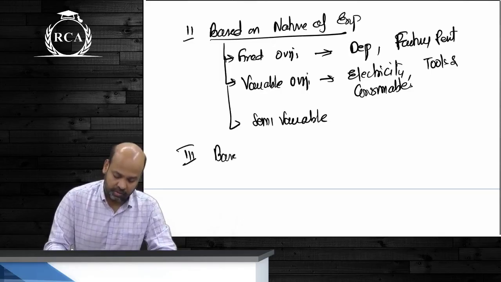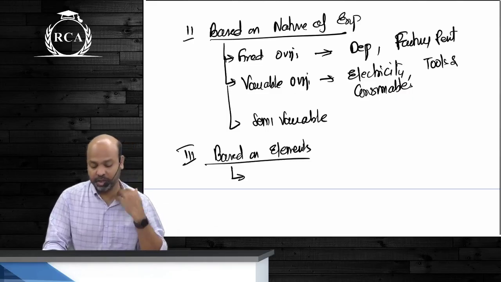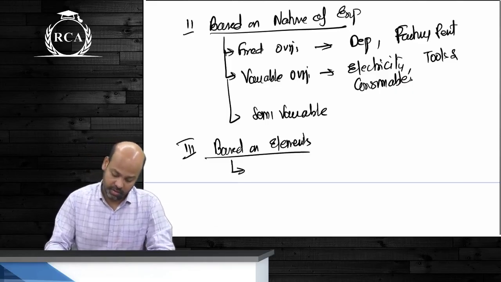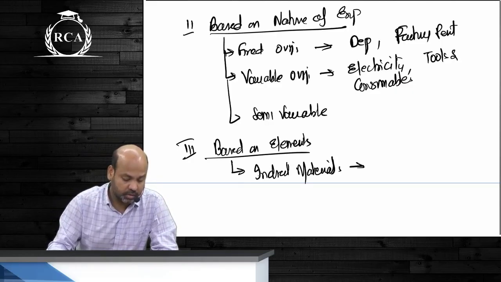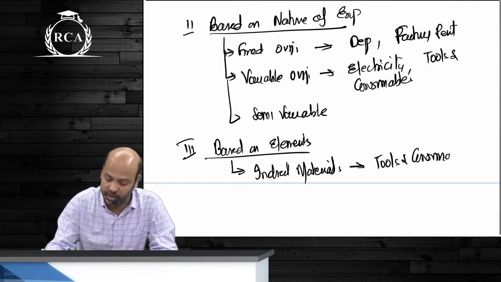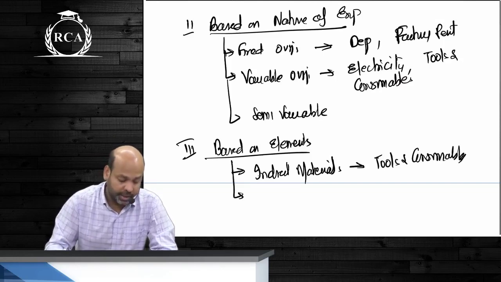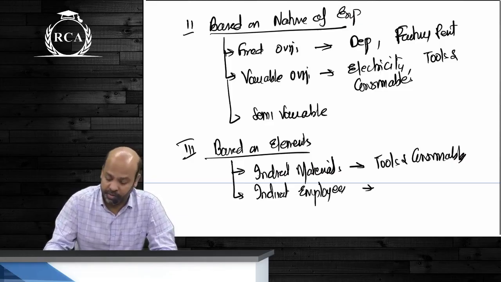Based on elements, guys. Based on elements, what will it be, guys? Indirect materials. These tools and consumables, beta, will come as a part of indirect materials only. Indirect employee cost. Salary of supervisor or foreman.